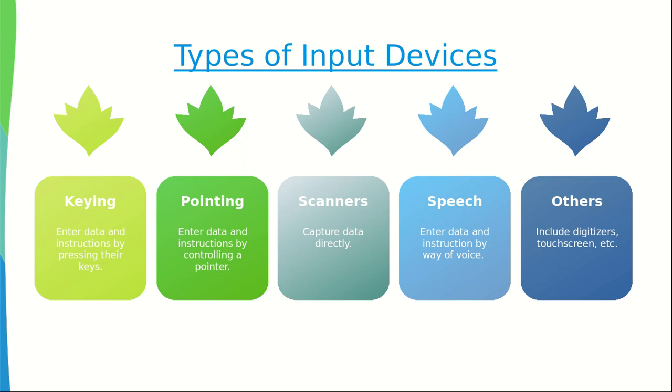Scanning devices are those that capture data directly into the computer. When we use scanners, we don't need to control a pointer, we don't need to press keys, but the data is captured instantly and directly into the computer, as we shall see in a moment.